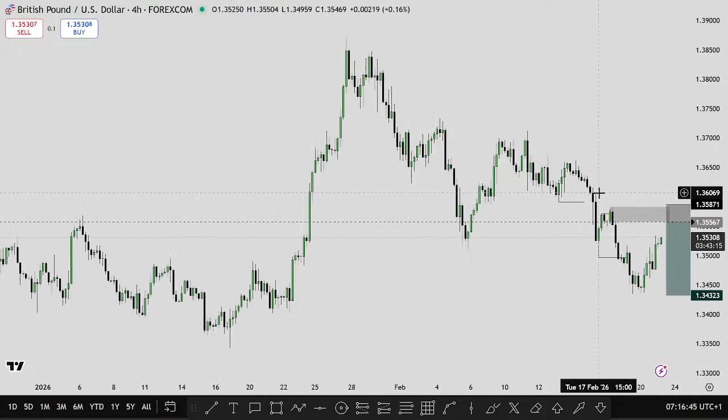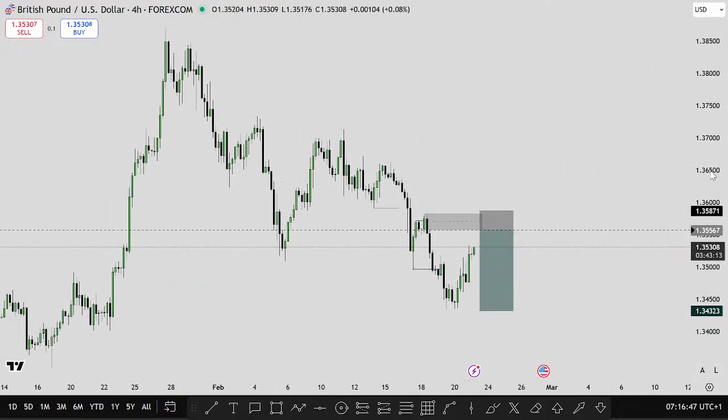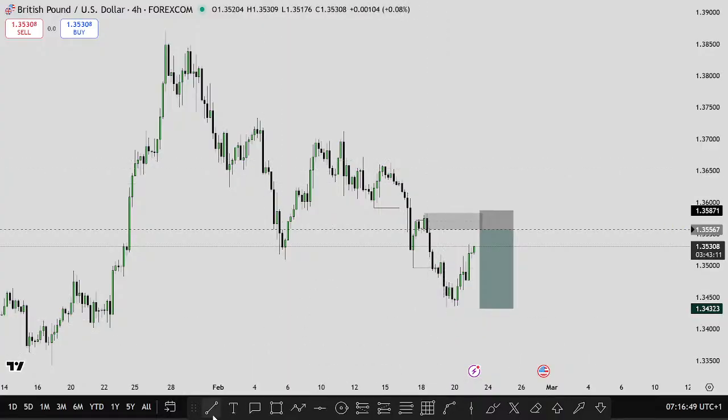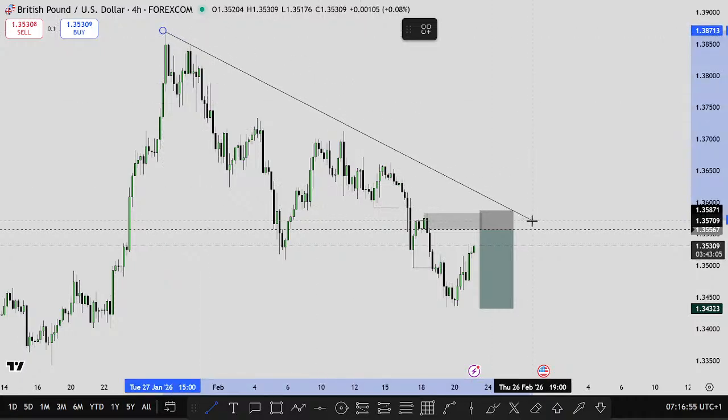Also, when you look at the overall trend, you can see that price is still bearish, whichever way you want to do it.